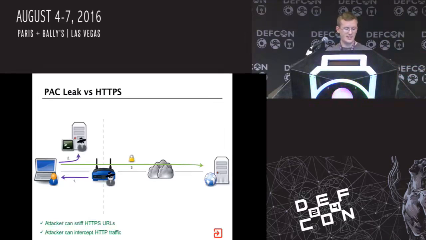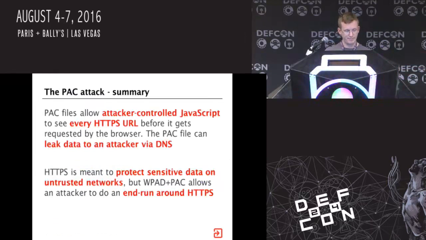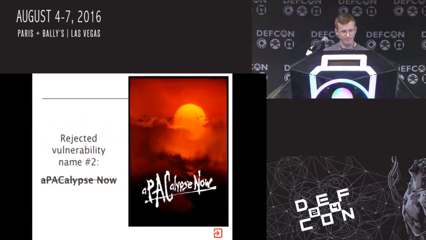So we can sniff HTTPS URLs and modify plain text HTTP traffic. To sum this up in a nutshell, PAC files allow attacker-controlled JavaScript to see every single HTTPS URL before it gets requested by the browser. The PAC file can then leak that data to an attacker via DNS. The whole point of HTTPS is to protect sensitive data on untrusted networks, but with WPAD and PAC, an attacker essentially can do an end run around HTTPS.